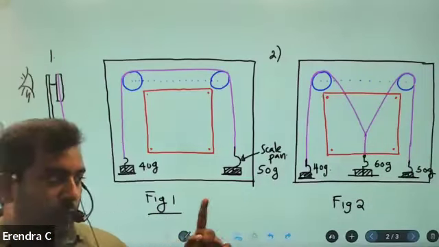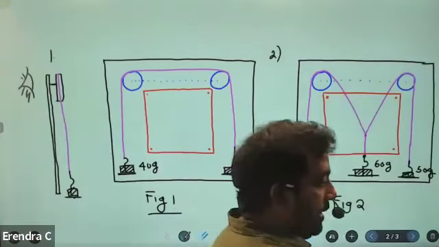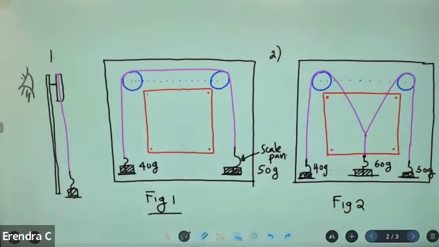In between the two pulleys, we connect a known total weight of 60 grams.